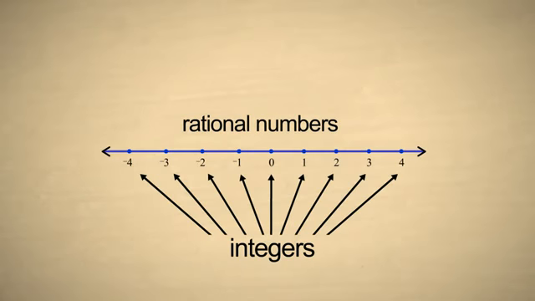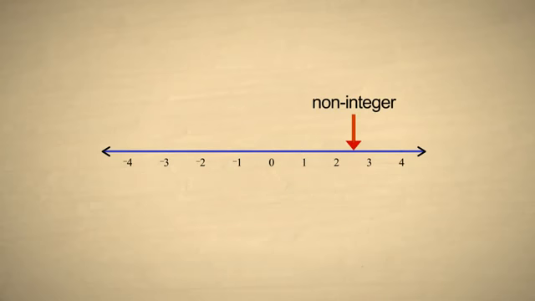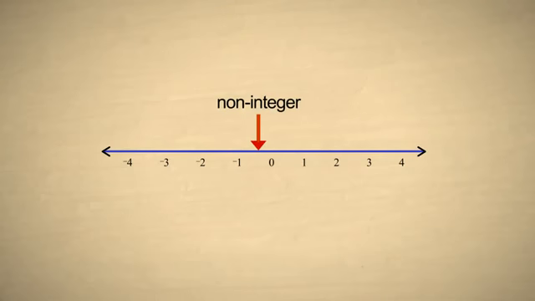Remember that points have zero width. So if we pick a purely random location, the chances are essentially zero that that location will correspond exactly to an integer. This is because any finite interval on the number line contains an infinite number of rational numbers, but only a finite number of integers.